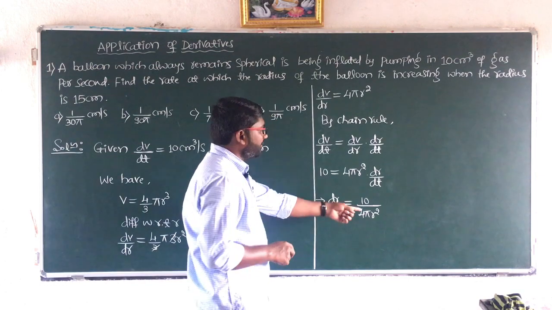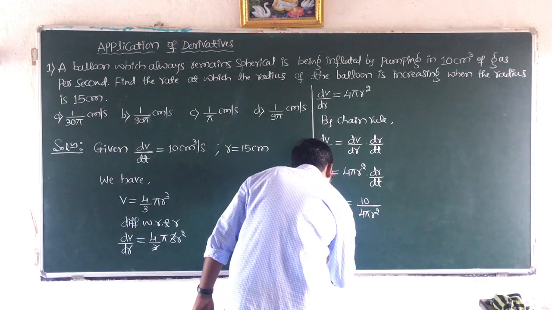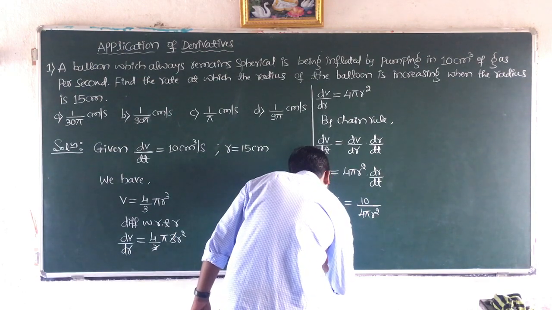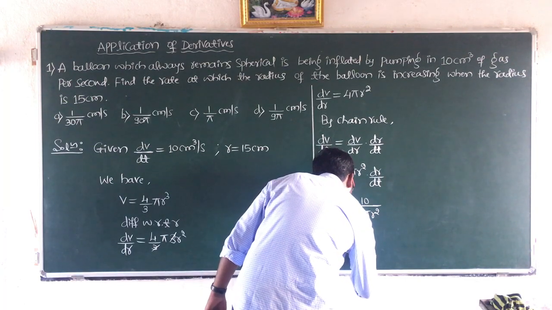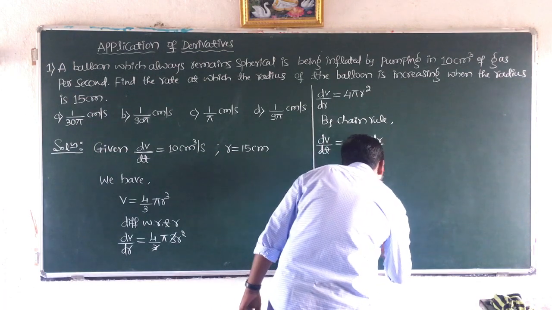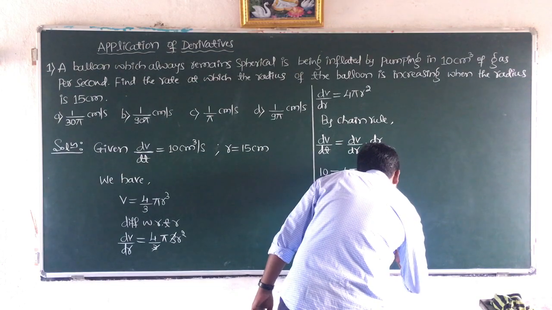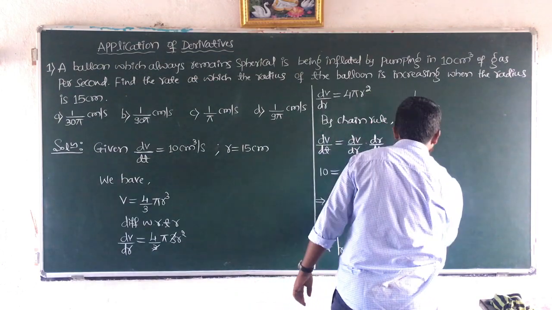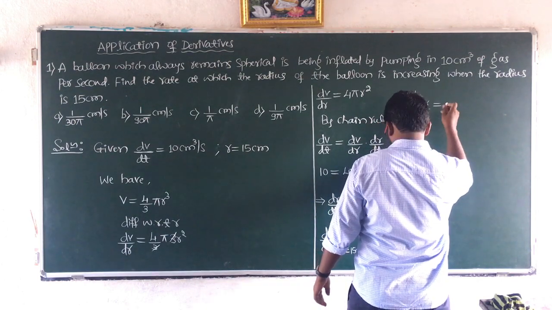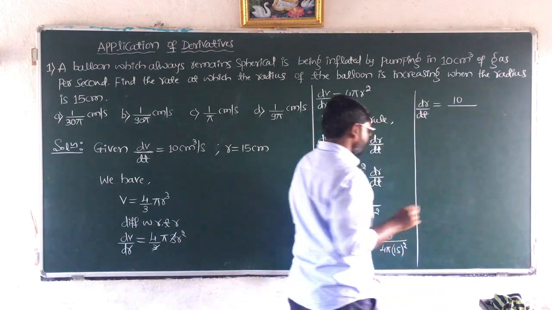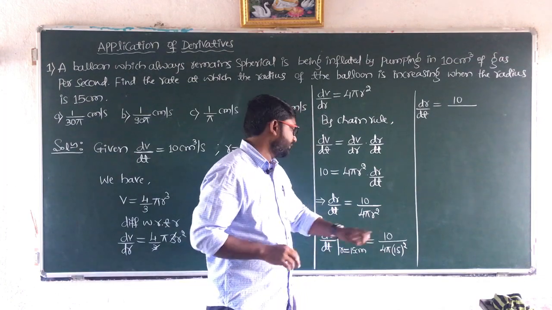Now we have to substitute the value of r, which is 15 centimeters. So dr by dt at r equal to 15 centimeter equals 10 divided by 4 pi times 15 square. 15 square is 225, into 4 it is 900.